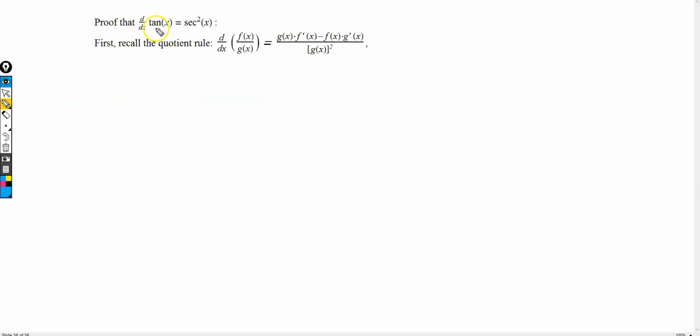Let's prove that the derivative of tangent is secant squared. Now we have to recall the quotient rule here. So if we want to prove derivative of tangent is secant squared, we start with this. And now tangent is sine over cosine.